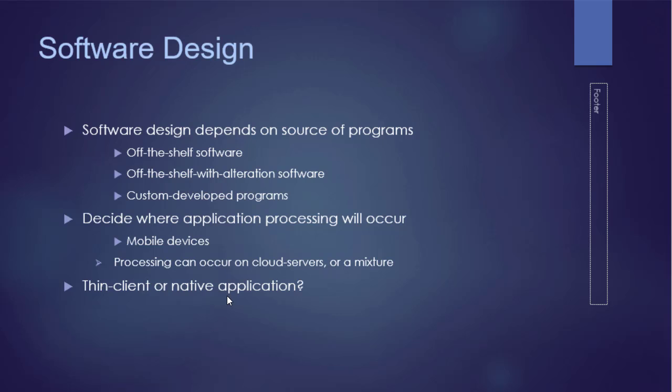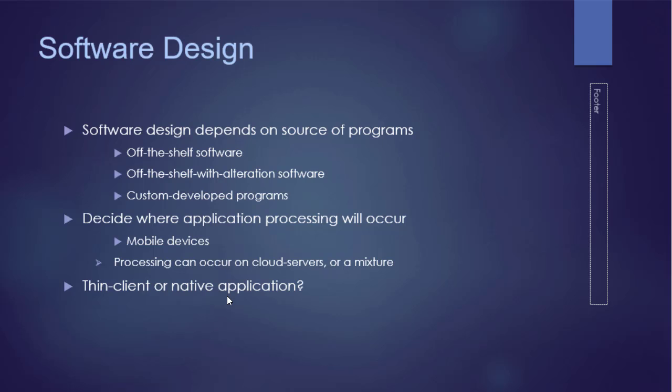Then we've got this thin client or native application. Again, you're going to run it on some other device, something small. Is it just a terminal, or is it going to be a whole desktop that I need to have? Is processing going to be done on that desktop or on that other device, or is all processing going to be done on a server?